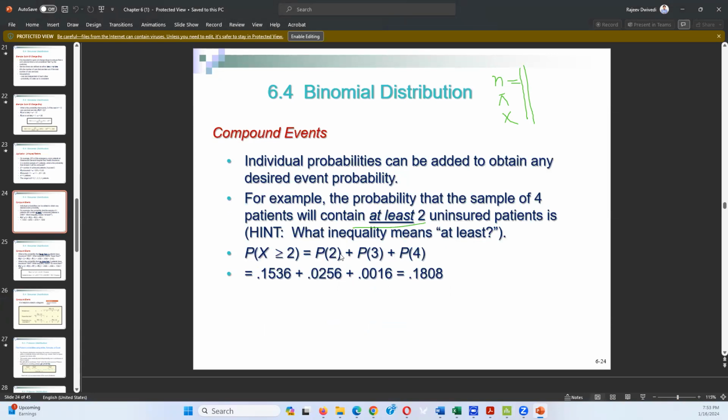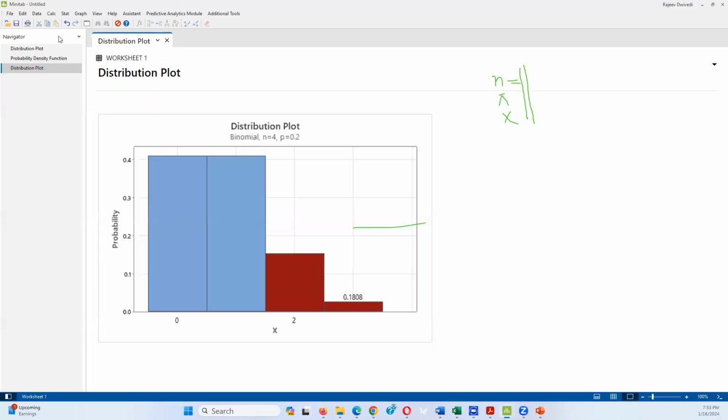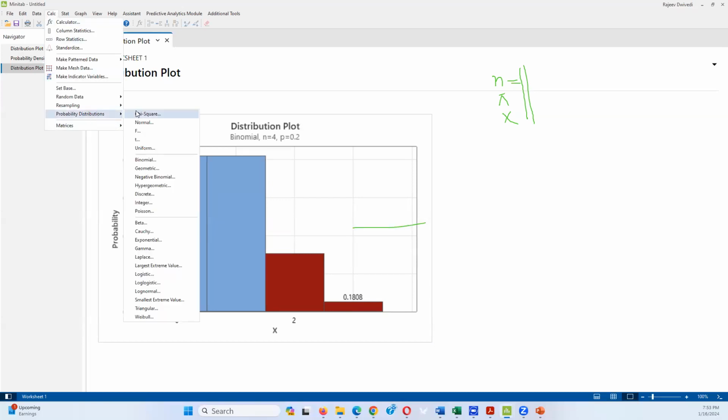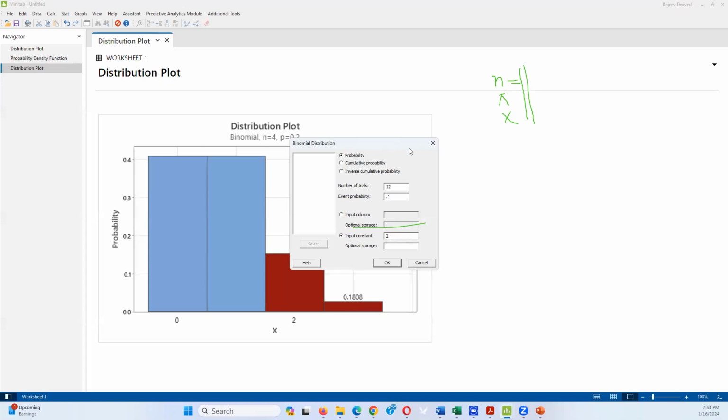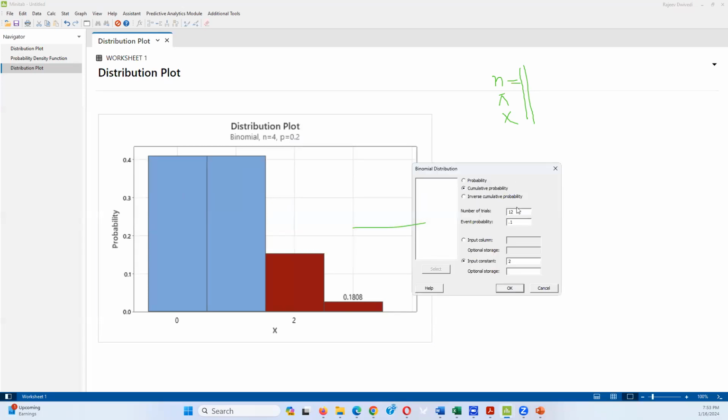So instead of doing separately for all 3 of them, you can do it directly. You can get the same value with a calculator, probability distribution, binomial, and here cumulative, because this is asking at least more than.